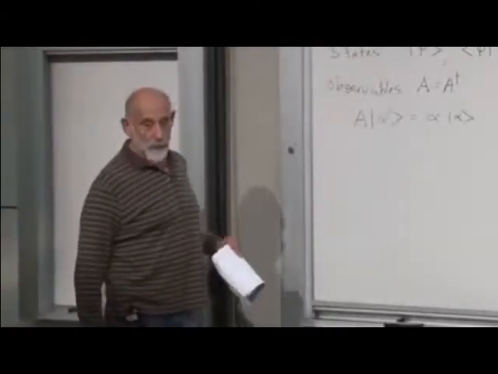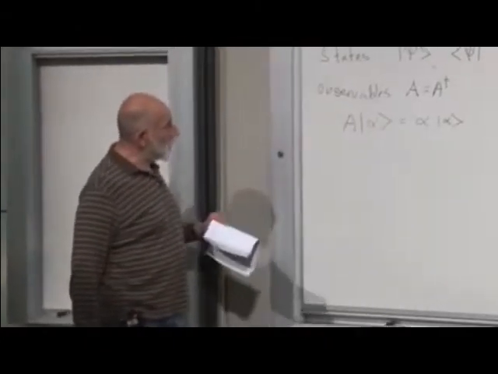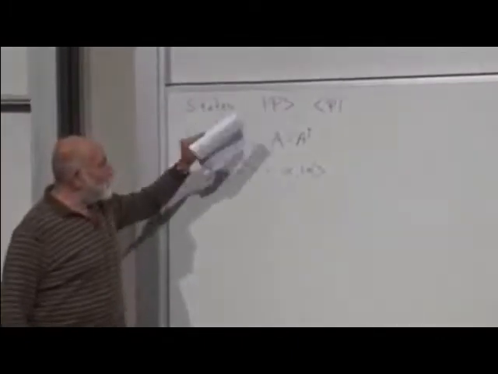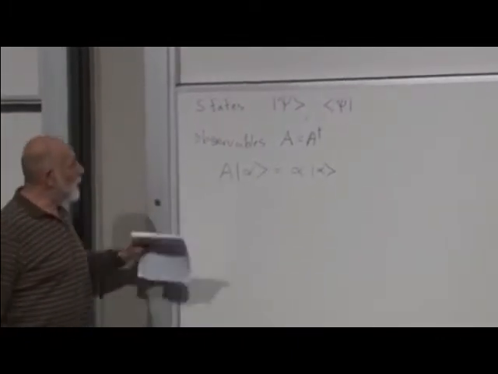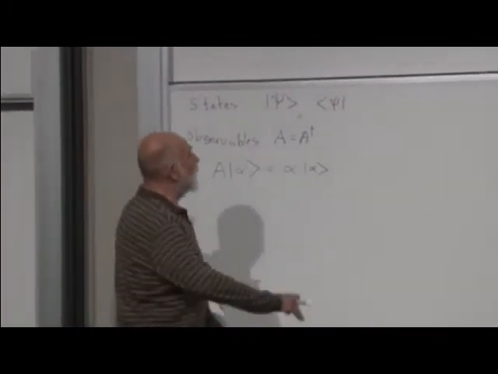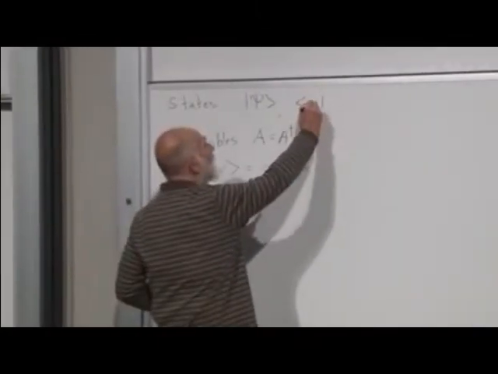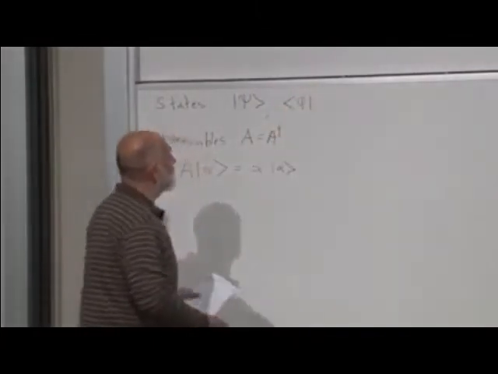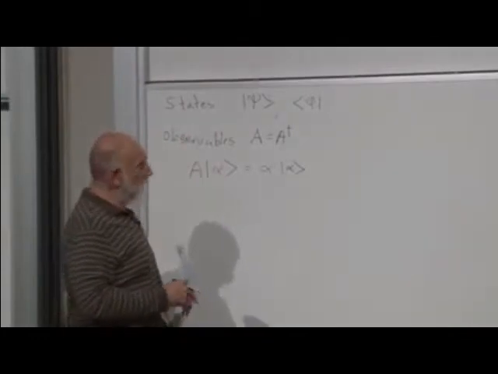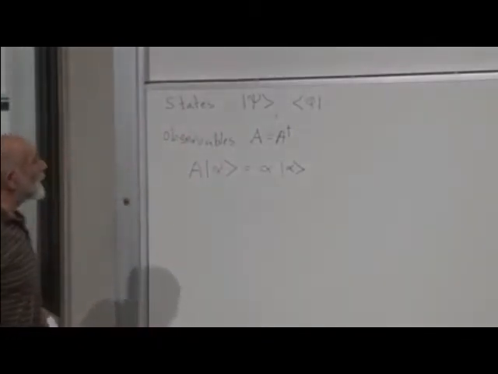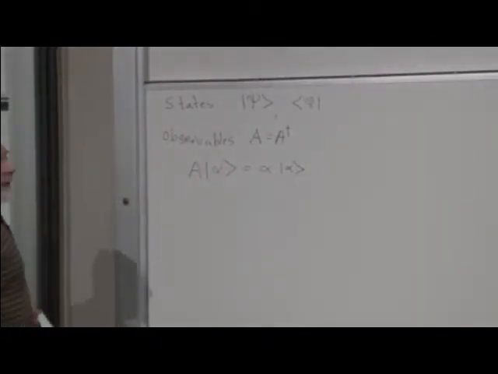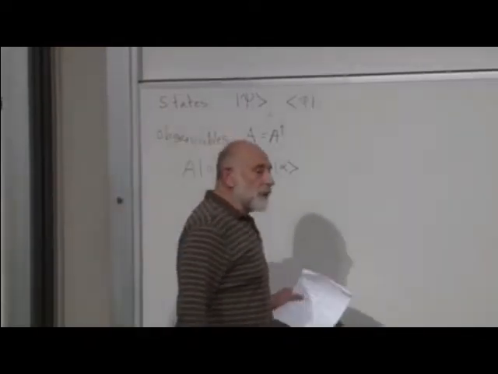One point that I need to emphasize. For every bra and every ket, let's call the bra phi. It is not necessarily the particular bra that goes together with psi, with the ket psi. For every pair like that, there is an inner product. There is a number.